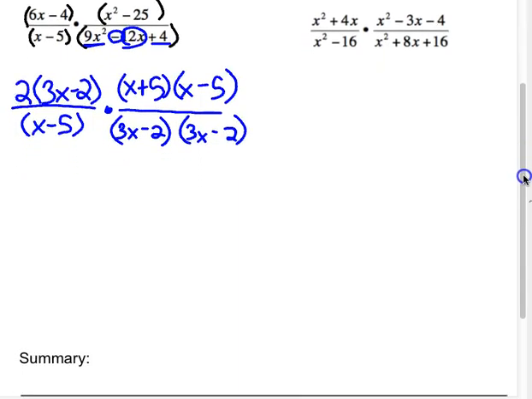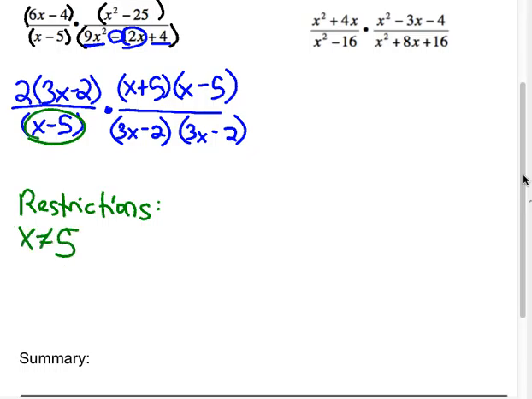Okay, so now let's take a break and let's write out our restrictions. So remember, we pause at this step to write our restrictions from the original denominator. That right there is telling me x can't be 5, because if x were 5, that would be 0. This next one is one of those more complex ones.